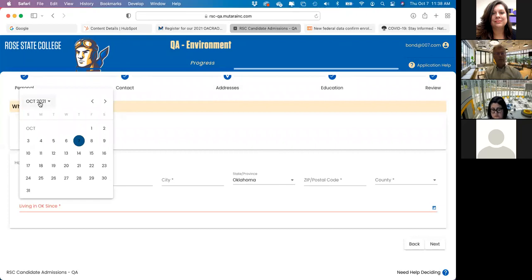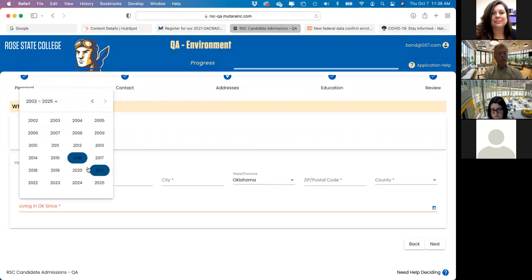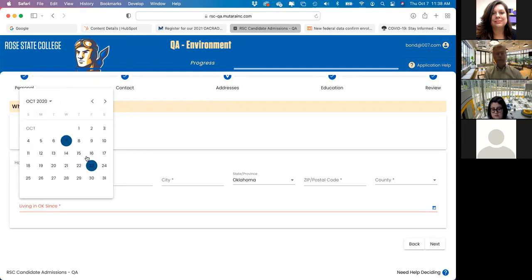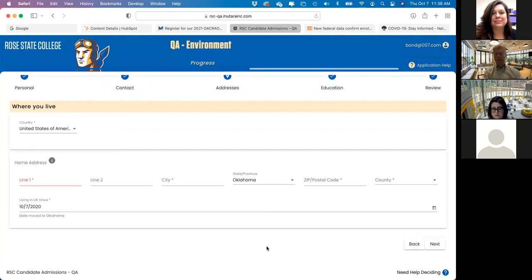And if I go back 12 months, so if I go back to 2020 and October 7th, if I fill this out and collect the data this way, the math is actually what determines the residency. And the nice thing is, if I fill out an application and want to get readmitted sometime in the future, this date doesn't change, so the math calculation will continue to work.